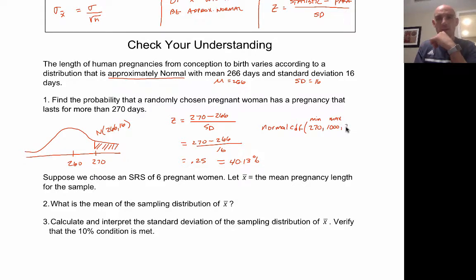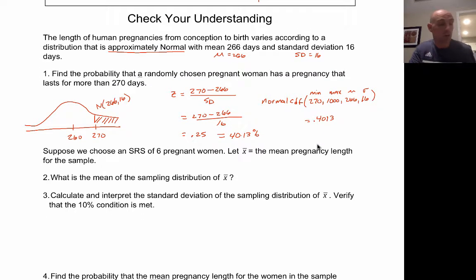We put in our mean, which is 266, and our standard deviation of 16, and we get 0.4013, right? So we get the same thing, but I'm showing you how to do it with table A and also with your calculator.